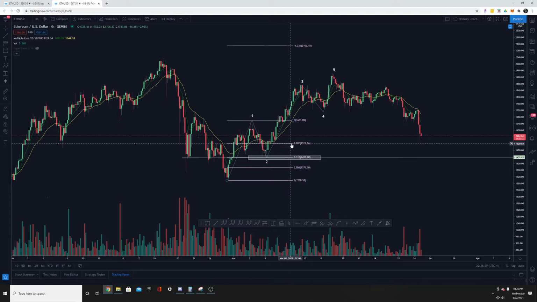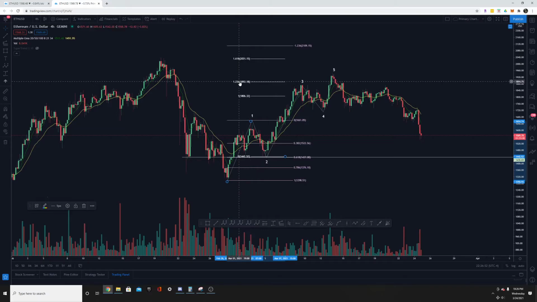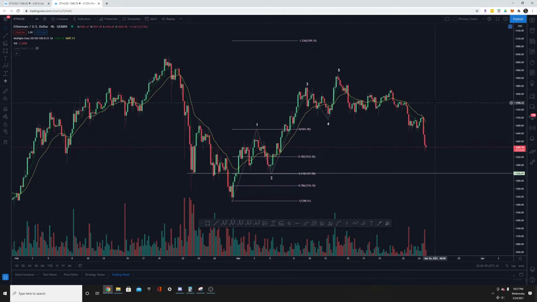You want to start loading up here, and then ride this impulse up, and then, like I said before, usually it's 161.8%, but bots probably take 123.6%. They take profits right there. So once they start taking profits, it kind of looks bull flaggy.